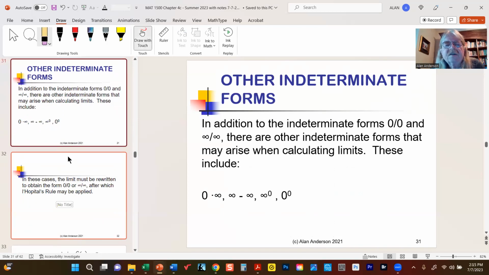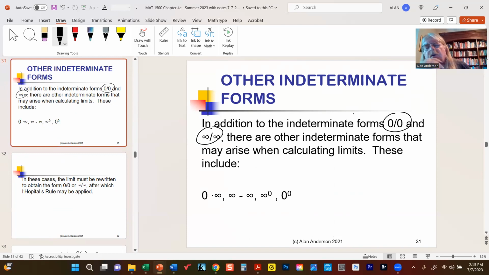All right, now we have seen that L'Hopital's rule works beautifully with 0 over 0 and infinity over infinity. Now, there are other so-called indeterminate forms that we might encounter, like 0 times infinity, infinity minus infinity, infinity to the 0 power, 0 to the 0 power.